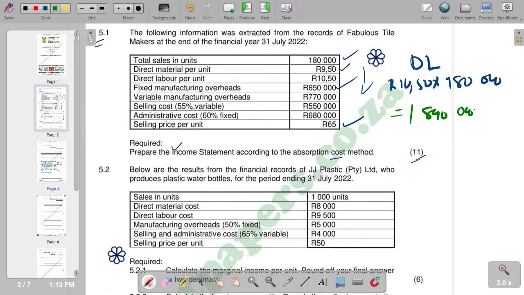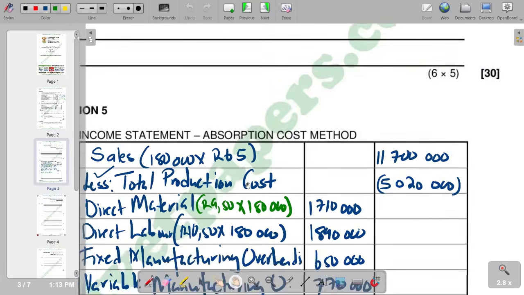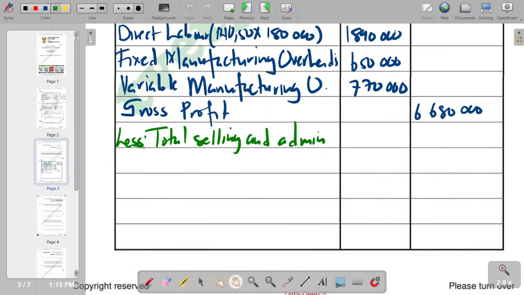That's what the question is just trying to illustrate. So we go there and indicate it as our selling cost, and then the amount that we have is 550,000.